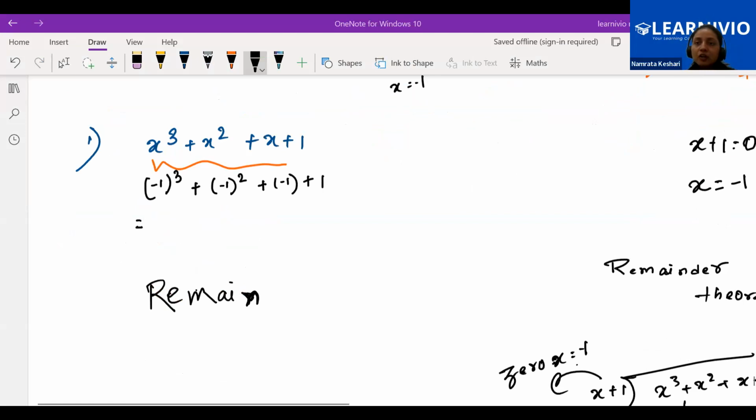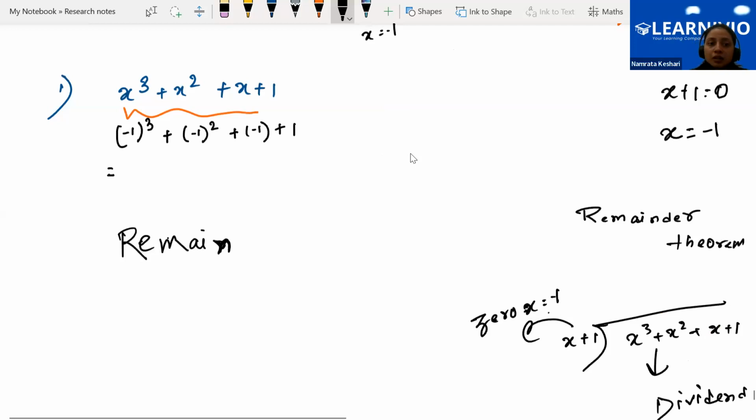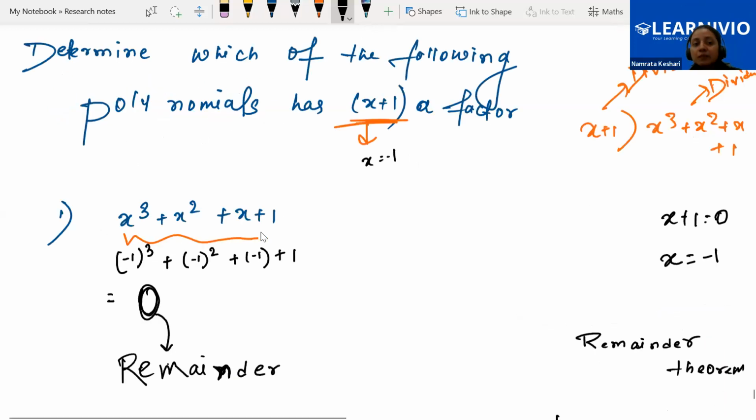Okay, so after substituting the zero of the given divisor, we are getting 0 over here, and I said whatever value comes out will reflect the remainder. So 0 is reflecting the remainder. Now can we say that x plus 1 can divide this polynomial completely since the remainder is 0?